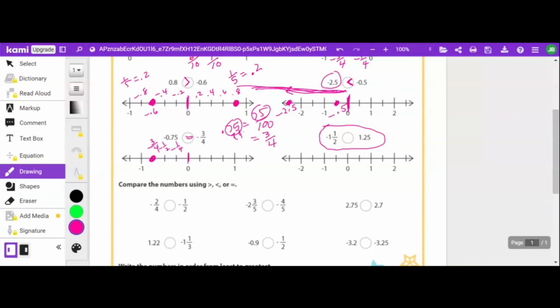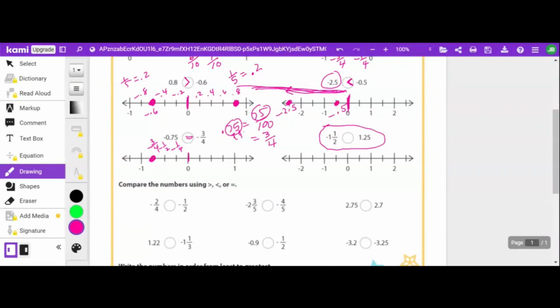Because remember, we're deciding which one's bigger, which one's smaller. There should be something that just jumps right out at you that automatically tells you. Okay, so everything y'all are saying is correct.